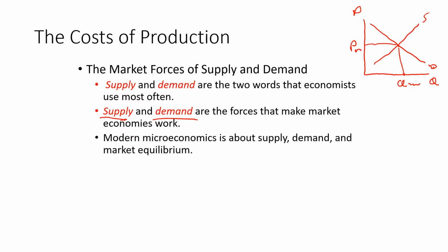Now demand is basically the consumption side, how the consumer behaves, and consumption is determined by the basic principle that an individual is a utility maximizer. An individual wants to maximize his utility.